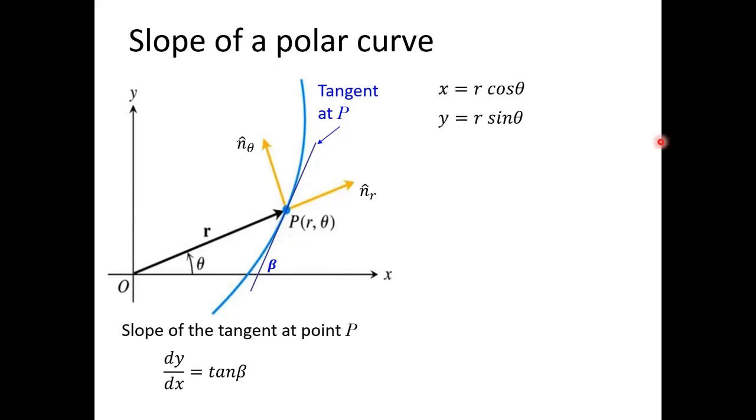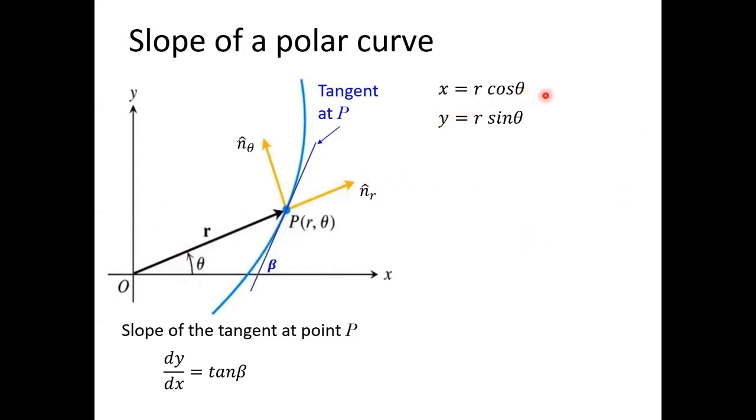Now in polar notation, P is a point with coordinates r, theta, where r is the length from the origin, and theta is the rotation in the counterclockwise direction.